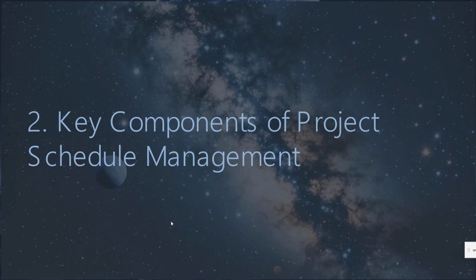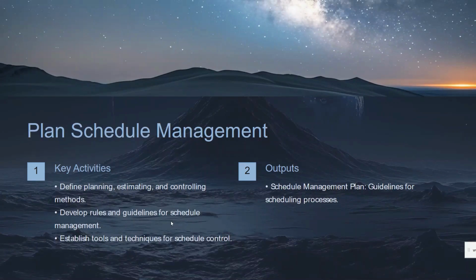Next we have the key components of project schedule management. The project schedule management process consists of several key steps, each of which contributes to creating, maintaining, and controlling the schedule. Number one, we have plan schedule management.